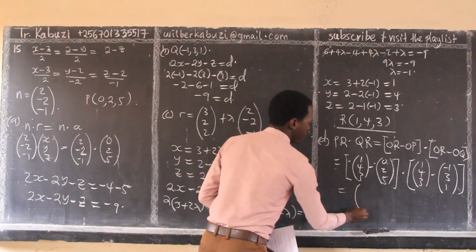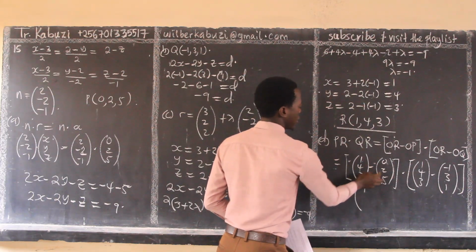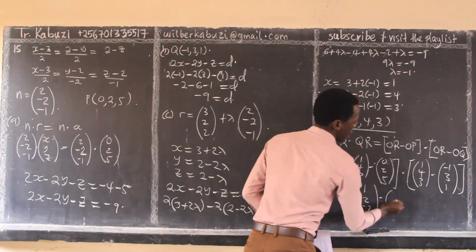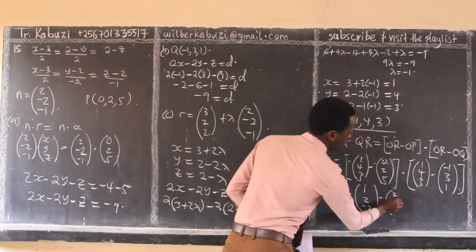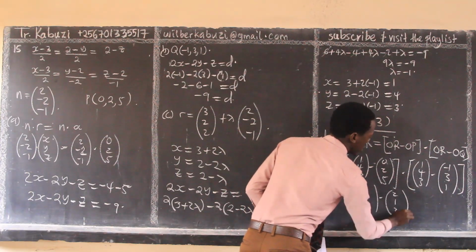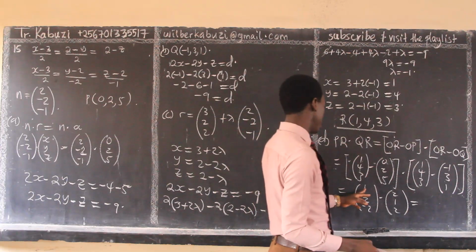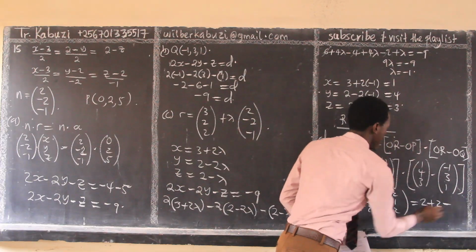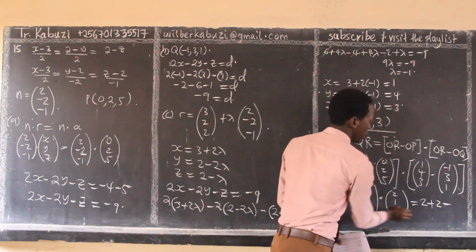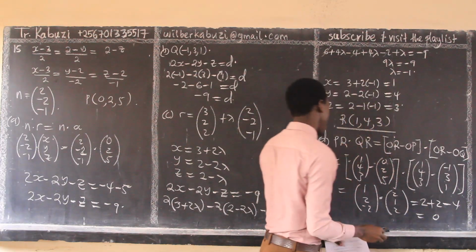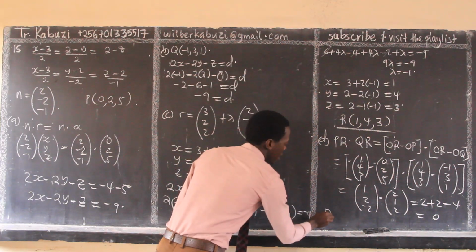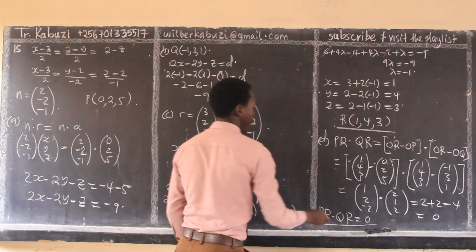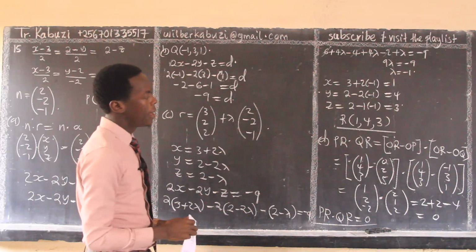This will be (1, 2, negative 2) dot (2, 1, 2). So if we dot these two, 2 plus 2 minus 4, which is 0. Since PR dot QR equals 0, then PR and QR are perpendicular.